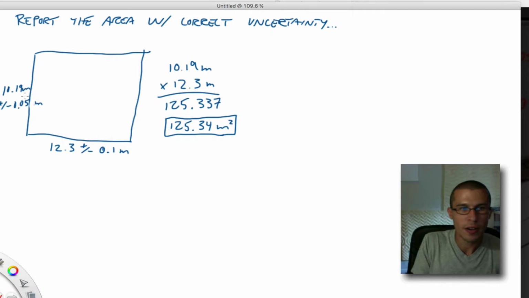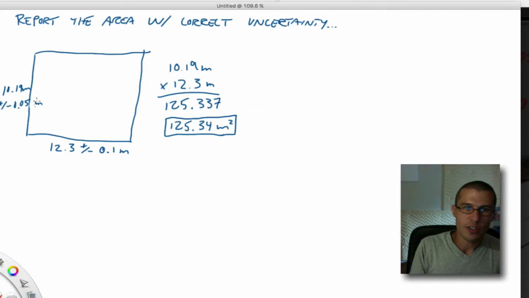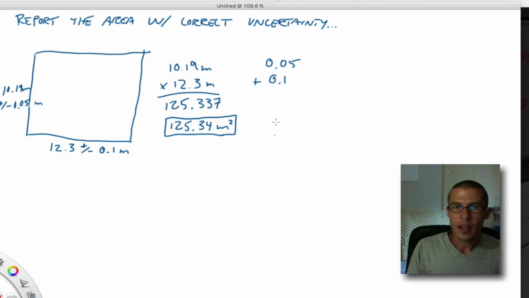So what do we do with our uncertainties? Well, you always add your uncertainties, no matter what. If it's division or if it's subtraction, any kind of calculation you use, you simply add them together. So in this case, we're going to take 0.05 plus 0.1, add those two together, and you're going to get 0.15 meters.